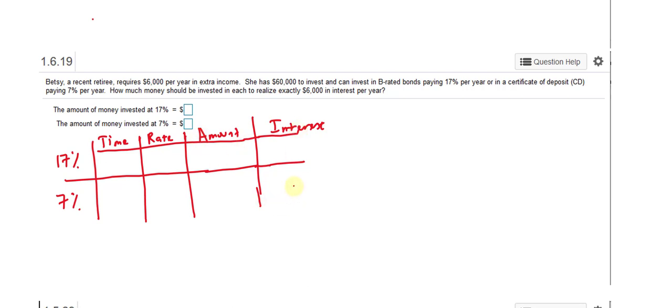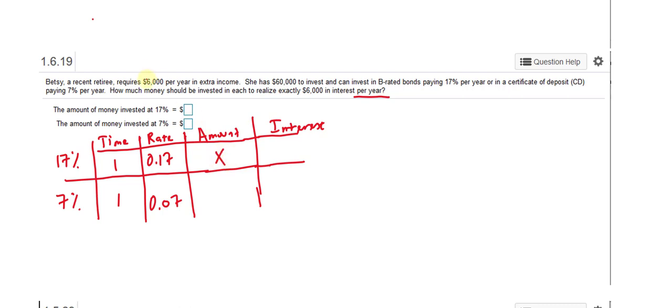We know that the timing is per year, so this person only requires the amount of 6,000 for 1 year. So we know the time is 1. The rate of the 17% account is 0.17, and the 7% account is 0.07. Now, we don't know the amount that this person should invest in the 17% account, so we let that be some X value.